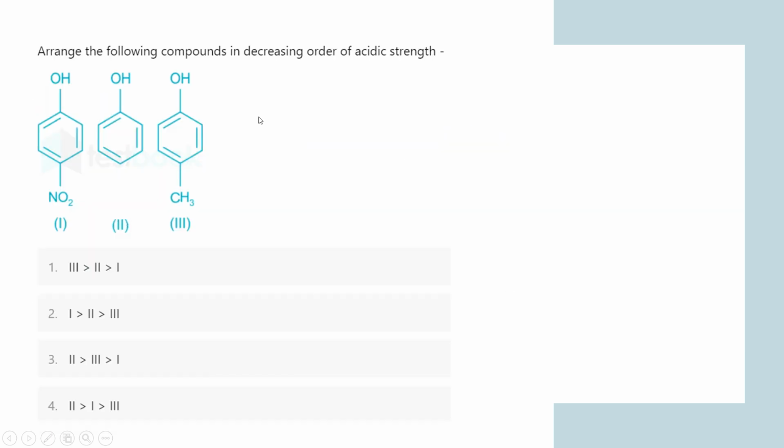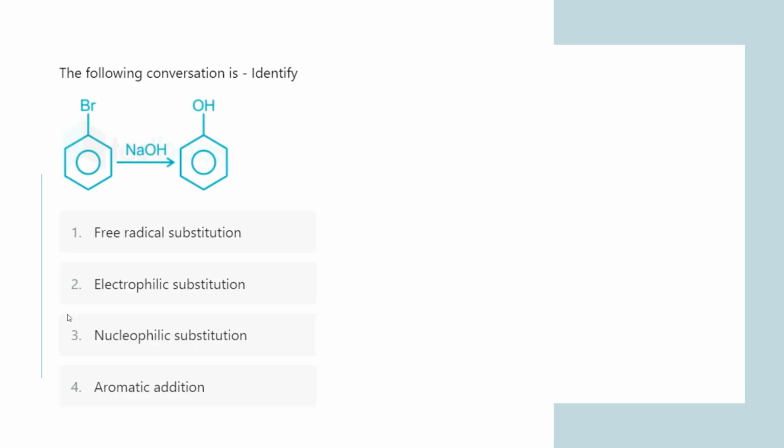Then in the next question, we compared the acidic strength of the compounds 1, 2 and 3, and we saw how nitro was making the phenol ring more acidic by pulling the electron pairs from the phenoxide ion formed, whereas in case of methyl, a sort of electronic repulsion was shown in the benzene ring. So option 2 was the correct answer for this question.